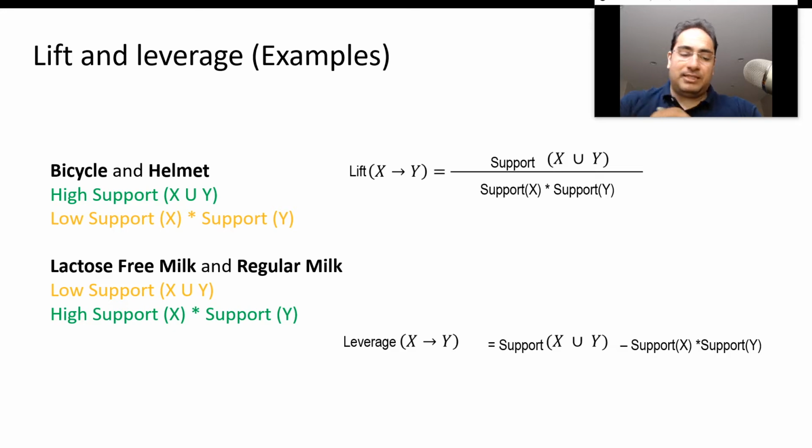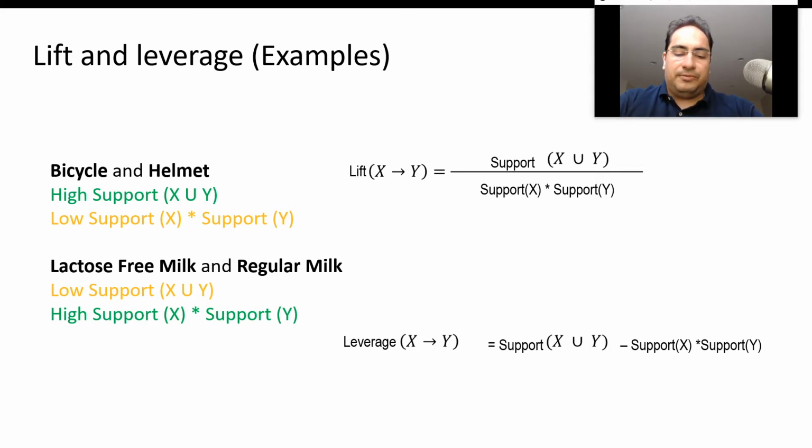But when they buy a bicycle, there's a high chance they actually buy a helmet as well. So this is a very interesting relationship. Bicycle and helmets are bought together. There's a high support for both of them together, but a very low support for each of them individually. So the lift here is going to be very high because there's an interesting relationship between them.